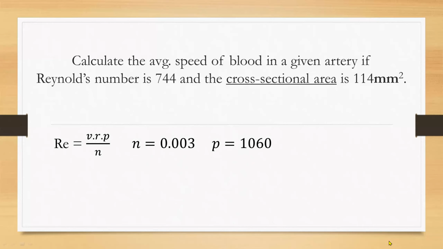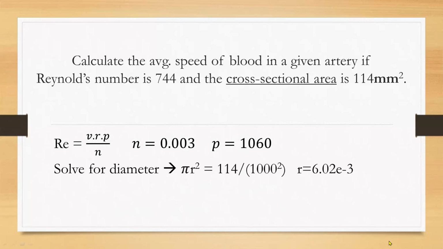Here we get eta 0.003 and rho 1060. These are given values, and we need to know this. If we know this, we can calculate the radius, and this is the answer that we get.